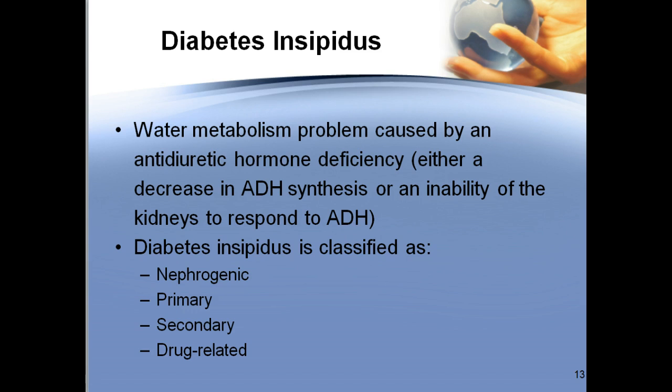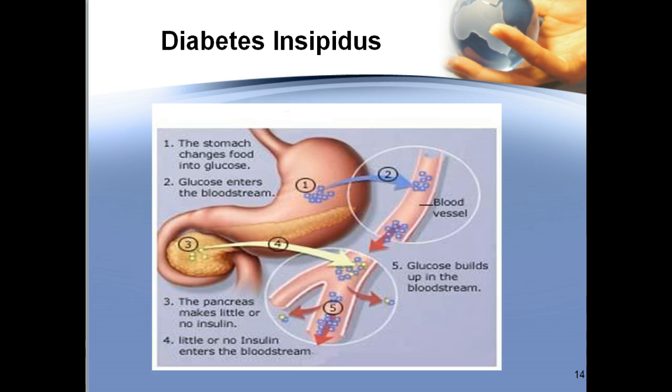And then you could have a drug related diabetes insipidus, usually caused by lithium carbonate, because these types of drugs can interfere with the response of the kidneys to the ADH. Right here, it's just showing you a picture of the process.